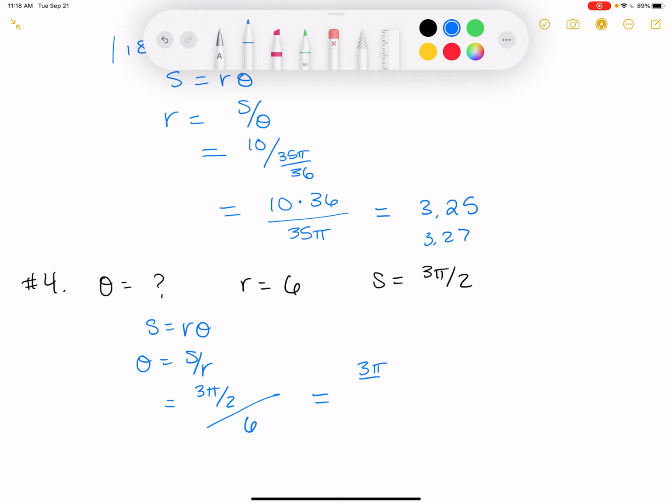So 3 pi over 2 times 1 over 6. At this point, just simplify it, because it's an angle, so we don't want to divide it all the way through.